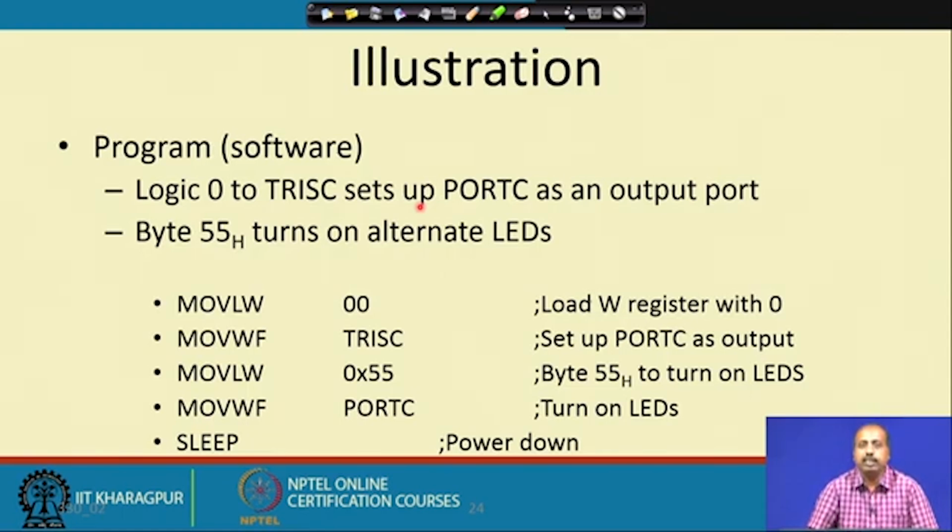Just like in the 8051, for output we did not need to configure it, but whenever we tried to configure it as input, we had to write a 1 to the port first so that the latch was getting disabled. Here also it is a similar thing: port C is a bidirectional port.